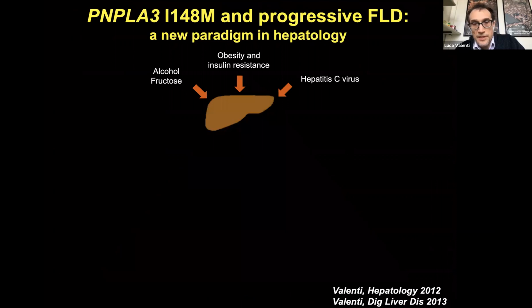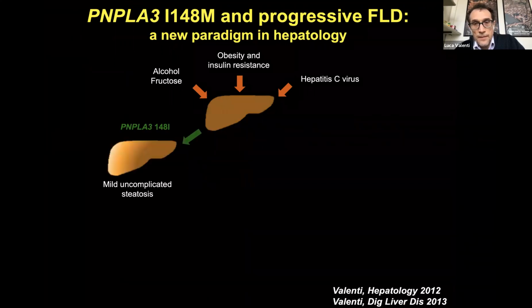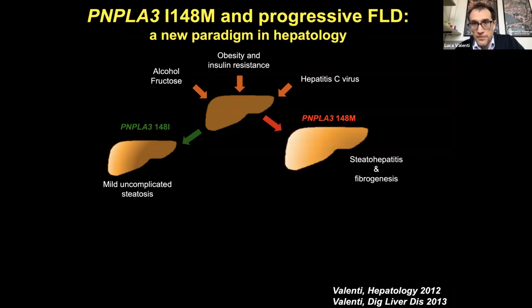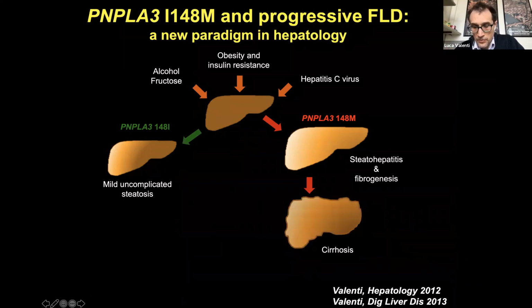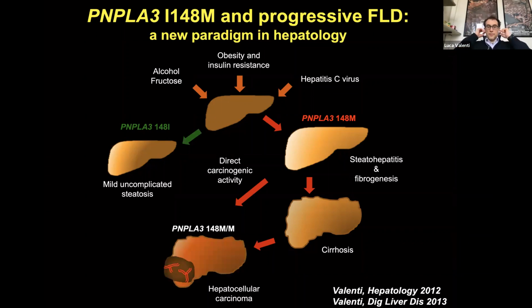So this first phase of the genetic discovery allowed us to determine that when there are triggers for fat accumulation in the liver, obesity, insulin resistance, or metabolic dysfunction associated NAFLD, but also excess alcohol intake, dietary fructose intake, chronic hepatitis C virus infection, the methionine variant of PNPLA3 will favor the accumulation of fat in the liver, favor lipotoxicity and development of steatohepatitis, and then lead to cirrhosis and also to hepatocellular carcinoma.